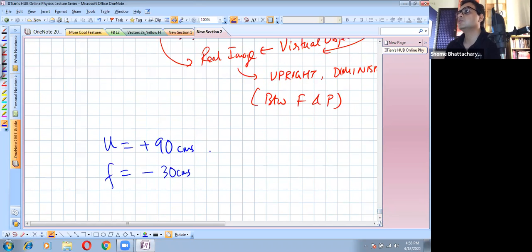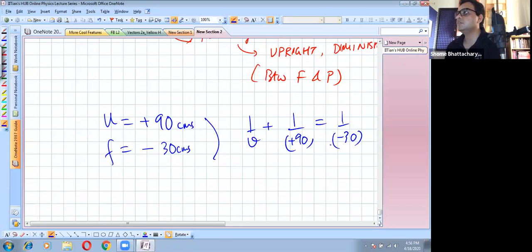Okay, so this will now give me 1 by V plus 1 by U is equal to 1 by F. So you can see already that your V will come out to be negative. And it will come out to be negative such that its magnitude is less than 30. Just a little bit of experience in solving these types of problems will show you these things.